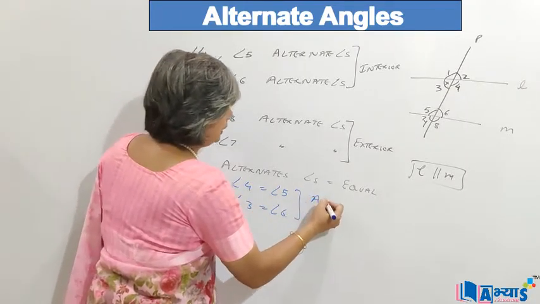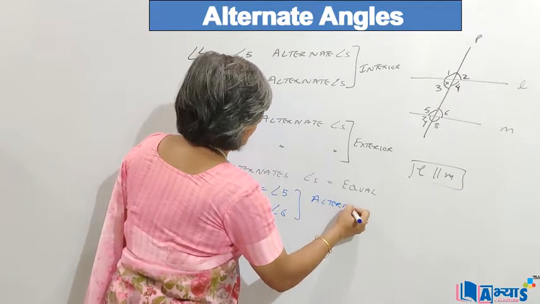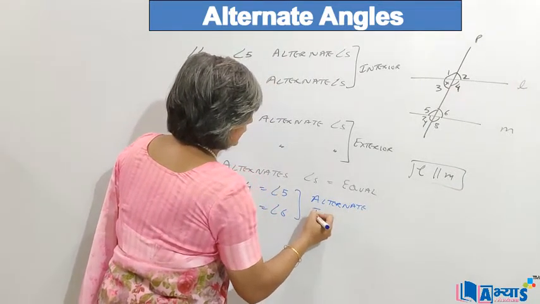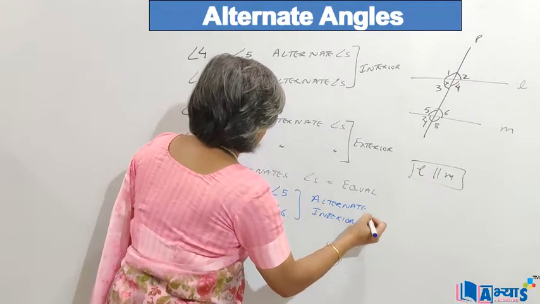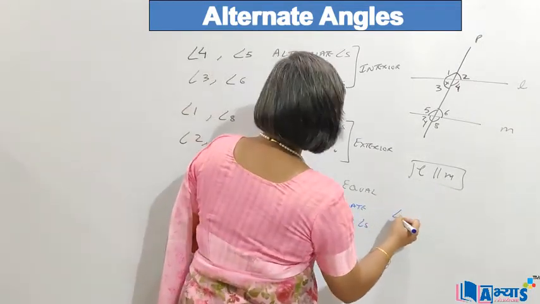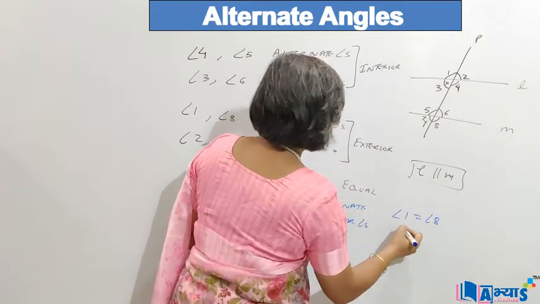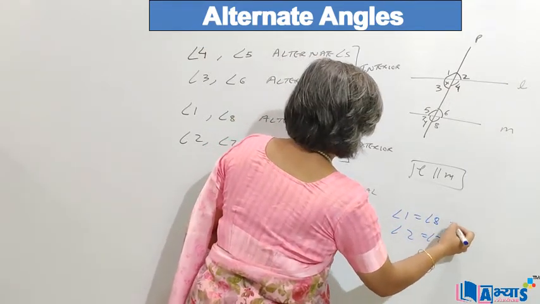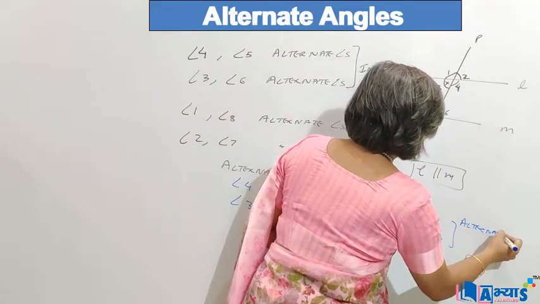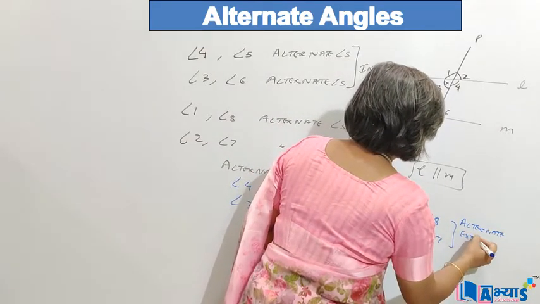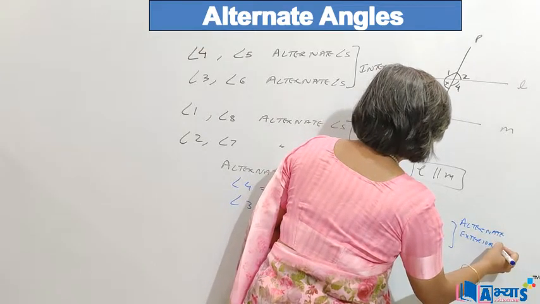They are alternate interior angles. Similarly, angle 1 is equal to angle 8, and angle 2 is equal to angle 7. They are alternate exterior angles.